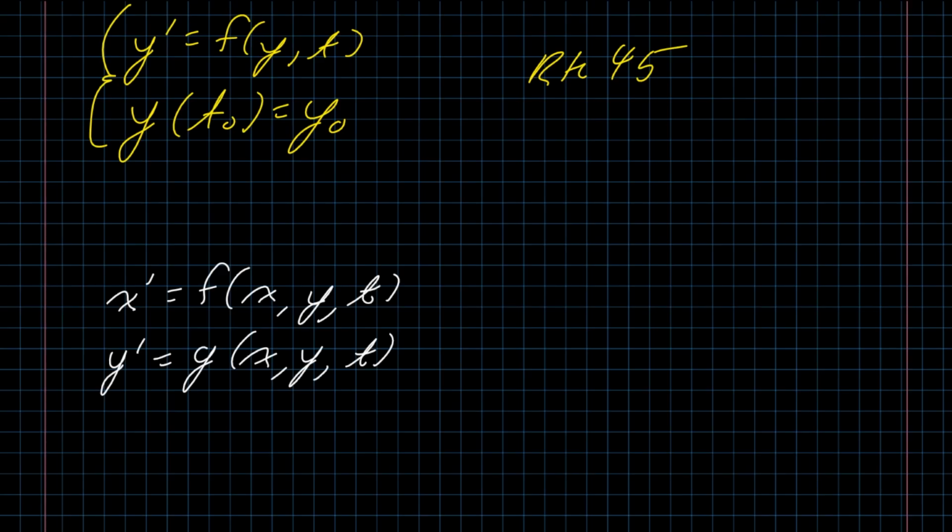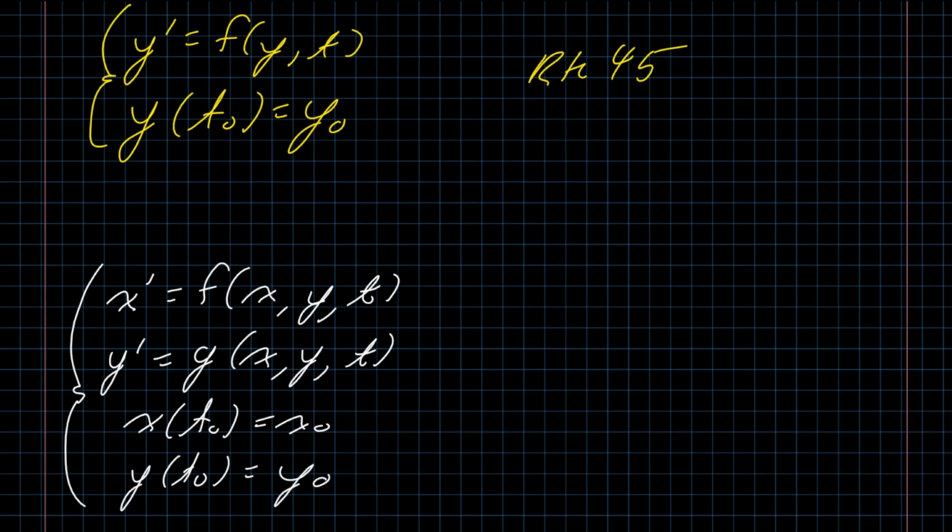And the initial conditions, x of t naught equals x naught, y of t naught equals y naught. And if you're looking at that and thinking it looks incredibly similar to that tool that we already were able to solve, well, you're entirely correct. We can use that same approach.